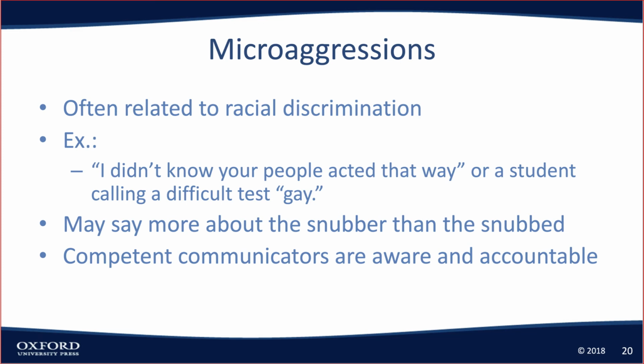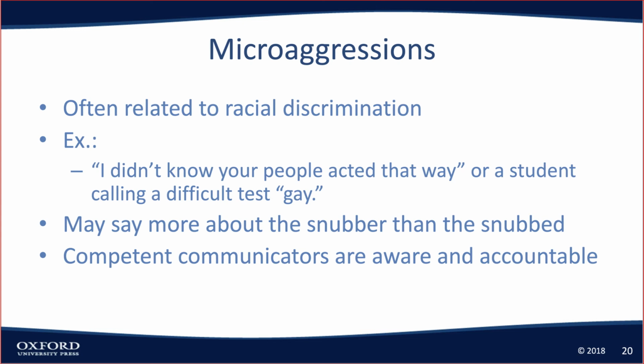Okay, so microaggressions. This is a topic that's becoming more widely talked about, more widely thought about these days. Frequently, it's racial discrimination. It could be sexual orientation discrimination. It could be gender discrimination. Somebody says, oh, I didn't know your people acted that way.